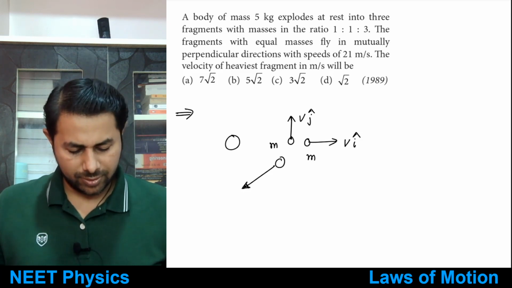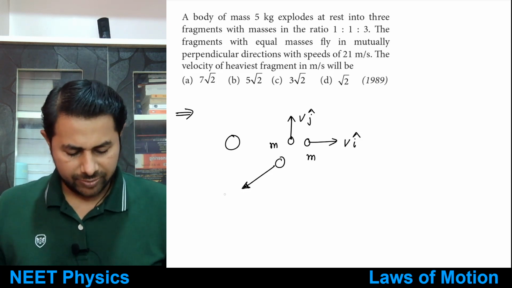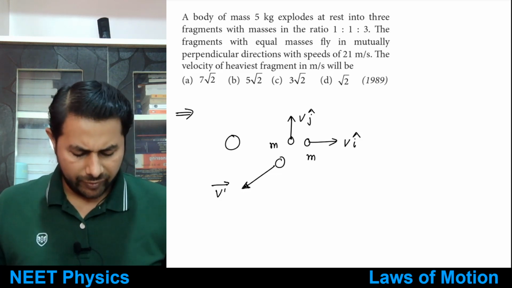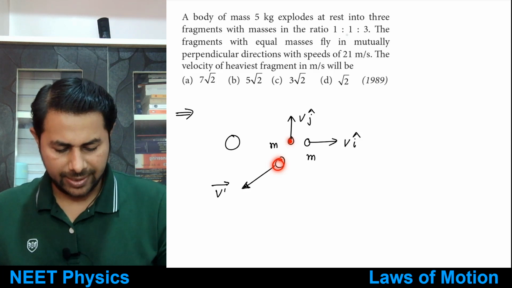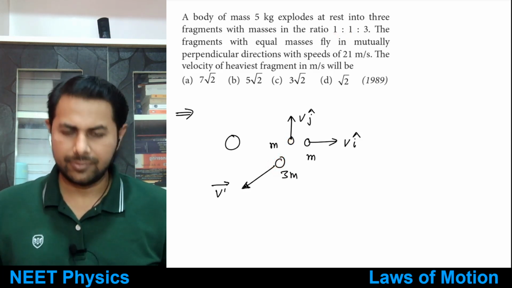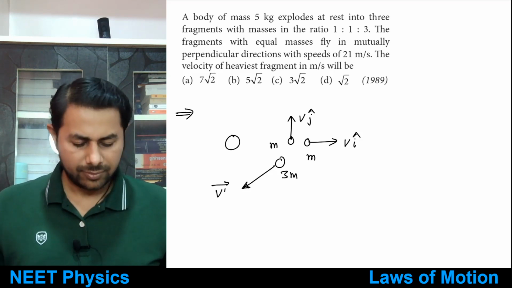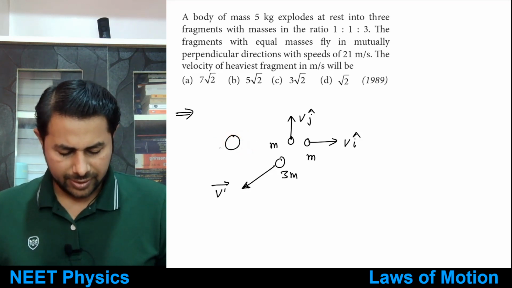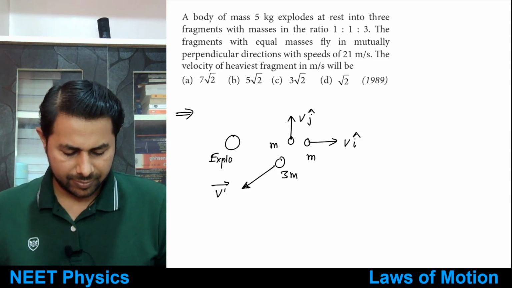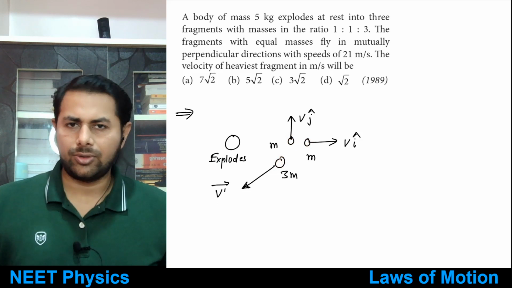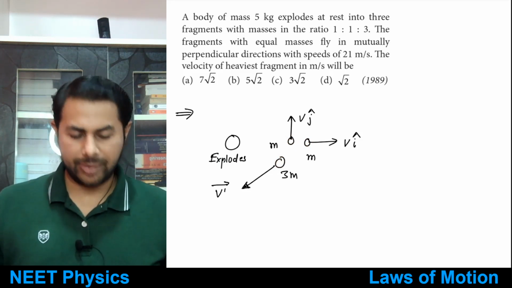Let's say its velocity is v dash bar. So what would be its mass? The mass of this one is m, the mass of this one is m, the mass of this one must be 3m, right? Before explosion the total momentum was 0 because this one was at rest, and it explodes into these 3. So total momentum after explosion must also be equal to 0.